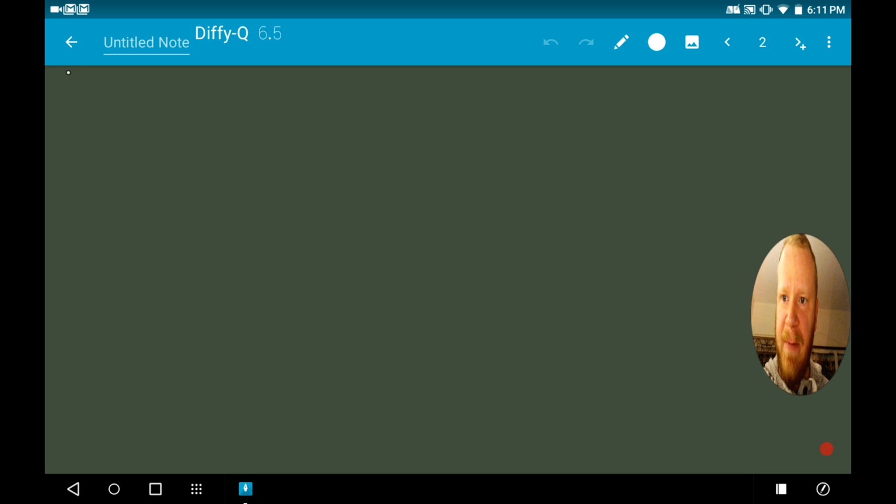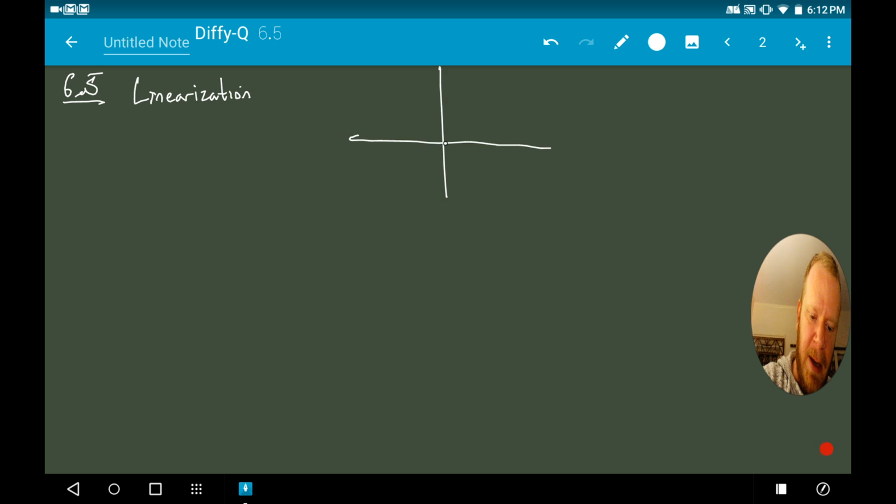So here's 6.5. So 6.5, this is about linearization. And linearization is this idea that if you're looking at the phase plane, and let's say here's your equilibrium point, so we're going to call that XE and YE are going to be the coordinates for that.